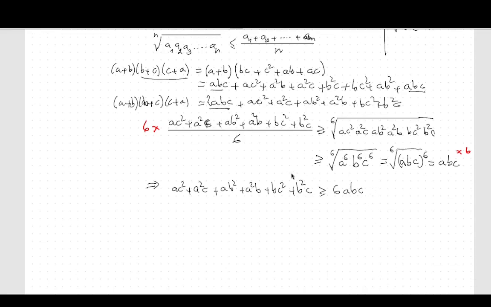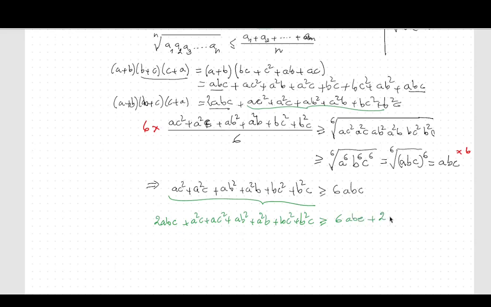Now what do we need? We see that this sum here is exactly here. So we need only to add 2abc. That's what we will do. So 2abc plus this is greater than 6abc plus 2abc, since we added 2abc to one side, we need to add the same number to the other side.